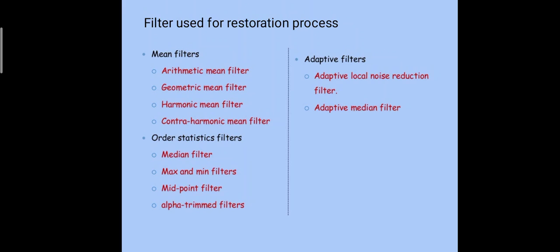Which filters do we use for the restoration process? There are mean filters, order statistic filters and adaptive filters. We have an application of an order statistic filter. The mean filters are arithmetic mean, geometric mean, harmonic mean and contra-harmonic mean filters. Order statistic filters include median filters, max and min filters, midpoint filters and alpha-trimmed filters. Adaptive filters include the adaptive local noise reduction filter and the adaptive median filter.